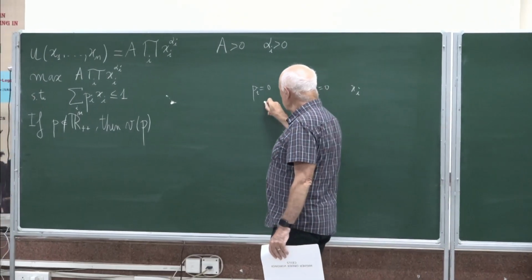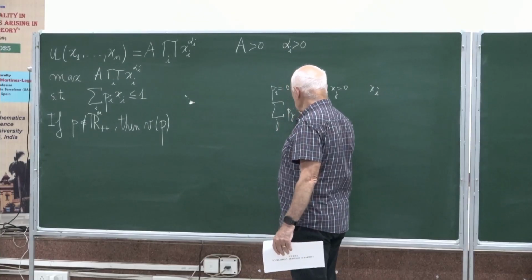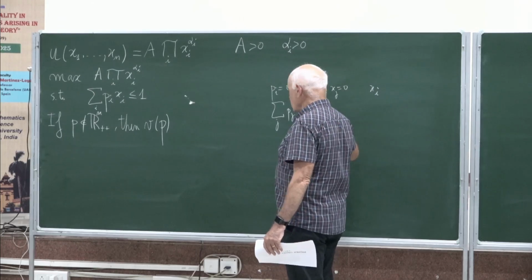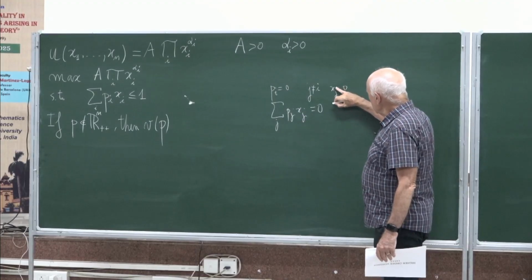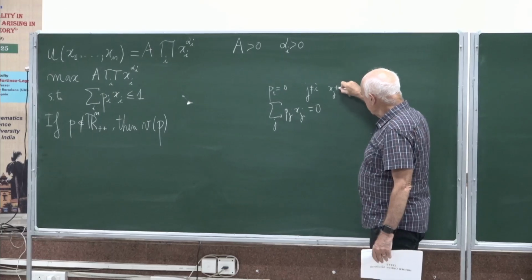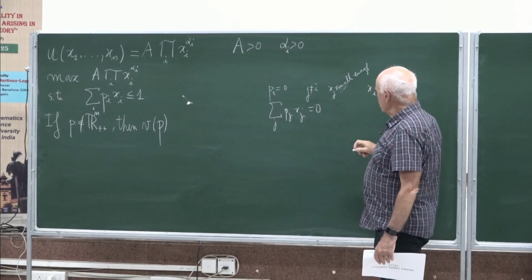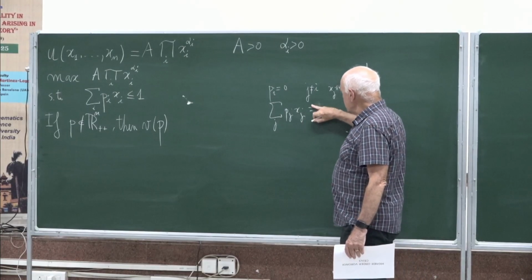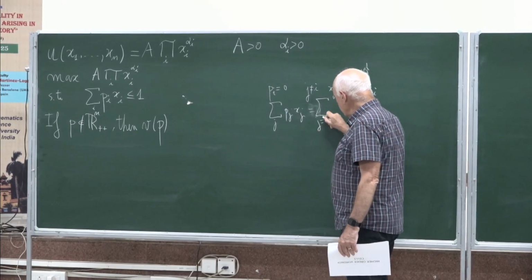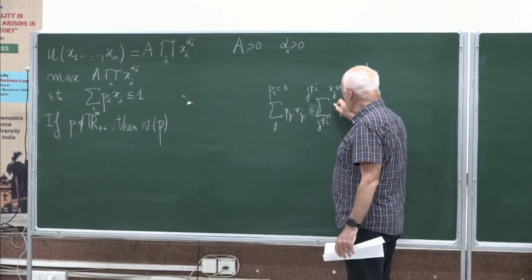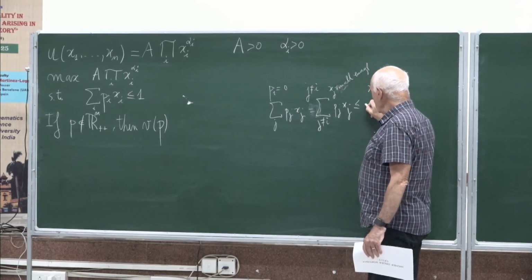Then this sum would be 0. But don't take xj equals 0. Take x small enough, small enough so that the sum of pj xj, which is the sum over j different from i, because pi is 0, is less than or equal to 1.